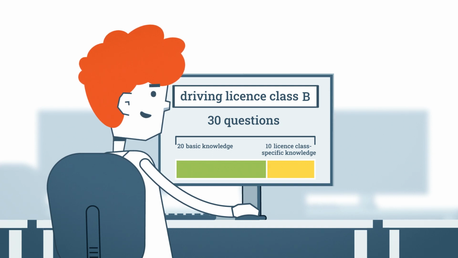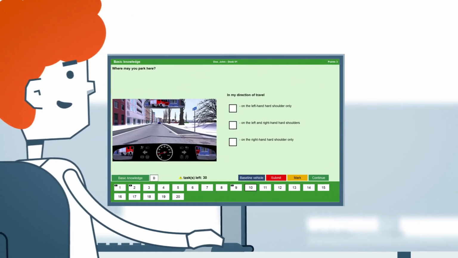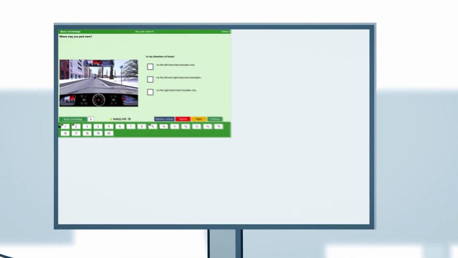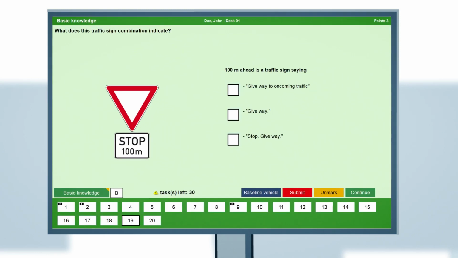The candidate will be provided with sufficient time to answer the questions. The examination will utilize questions with different question formats which the candidate is familiar with from the examination preparation. For each question, the candidate can see how many faults the question is weighted. The weight of a question ranges between 2 and 5 faults, depending on the relevance of the question to road safety.